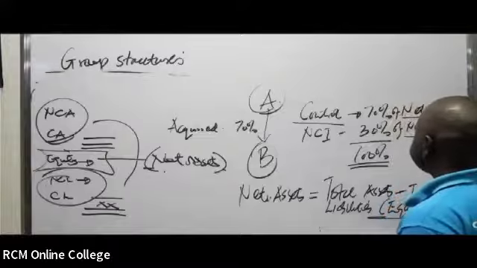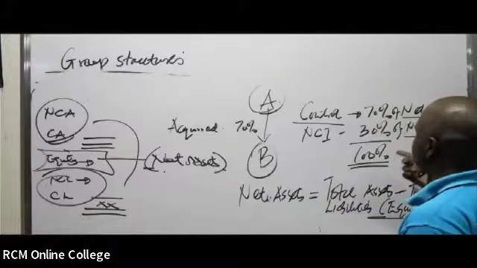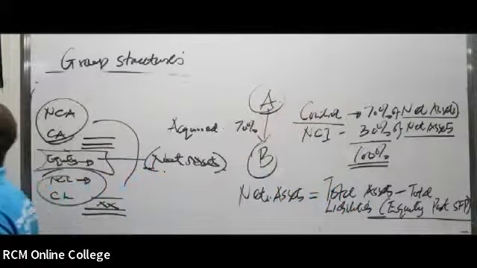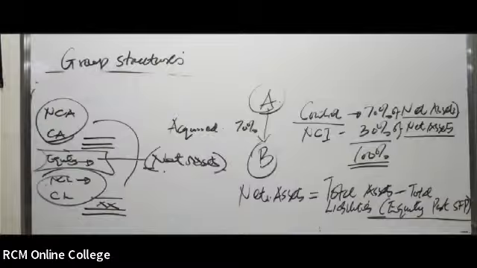If the company controls 70% of the net assets, the remaining net assets will be in the hands of the NCI, the non-controlling interest. That's what we mean by that.